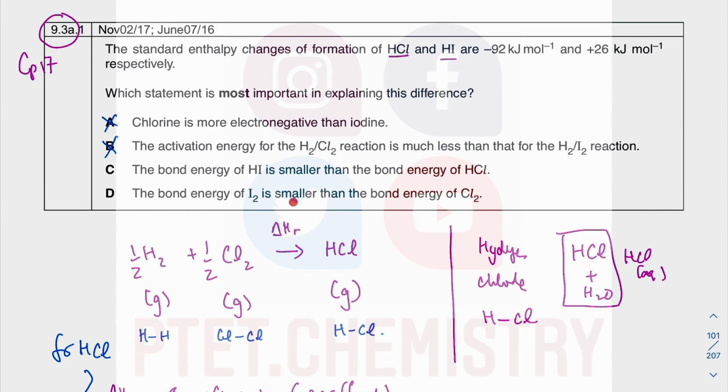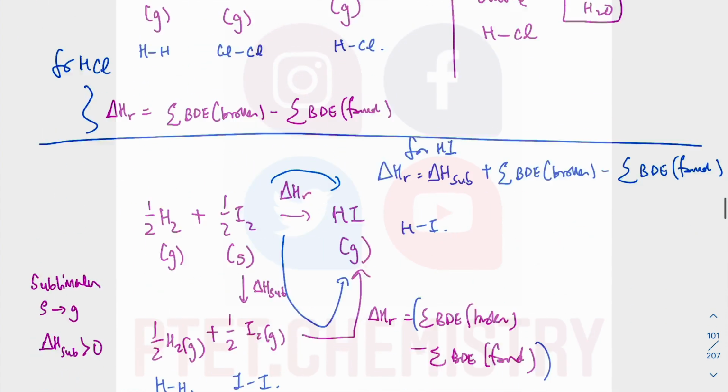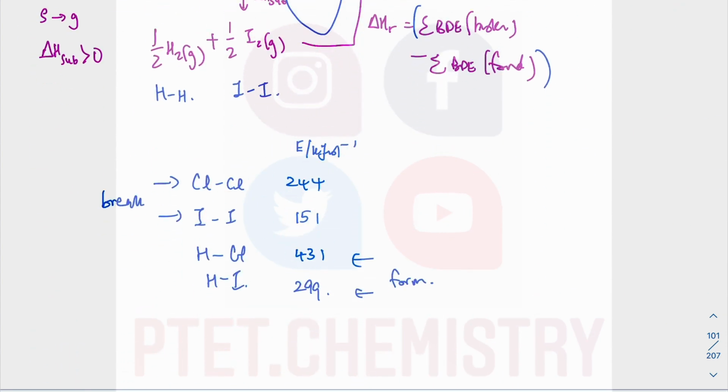But C and D are quite confusing because they are saying which one is the most important. We involve calculation involving this, and this, right? But which one is going to be more important? If you work out the difference, 431 minus 299, the difference is 132.